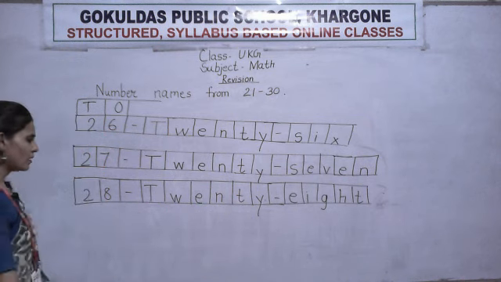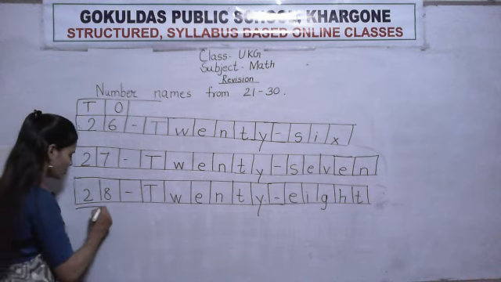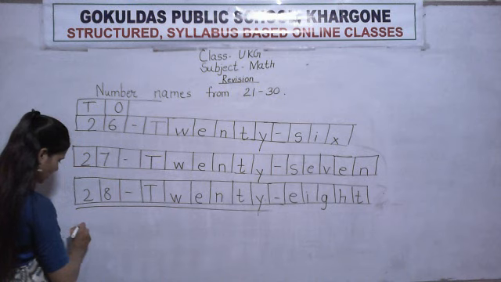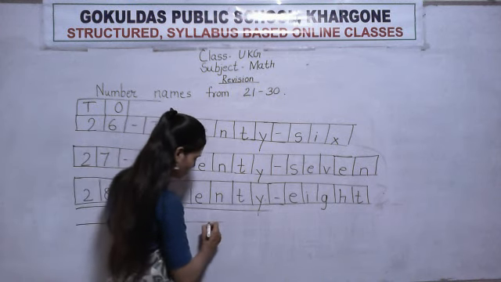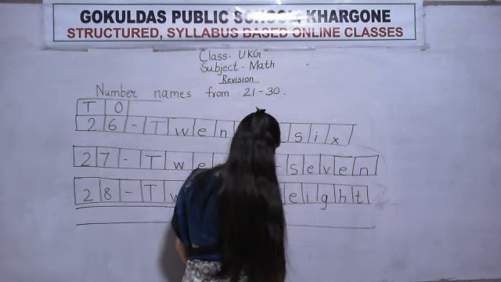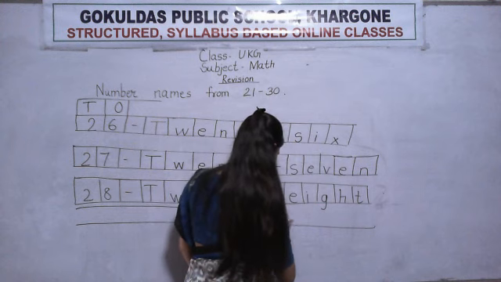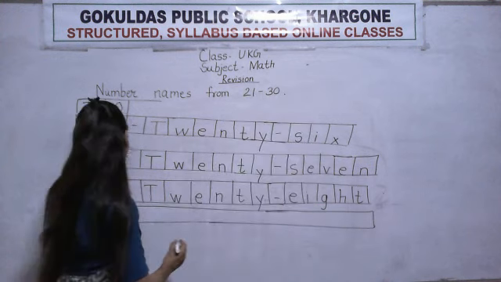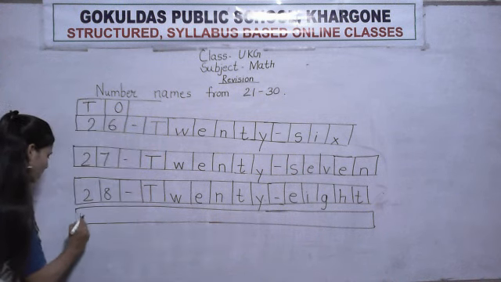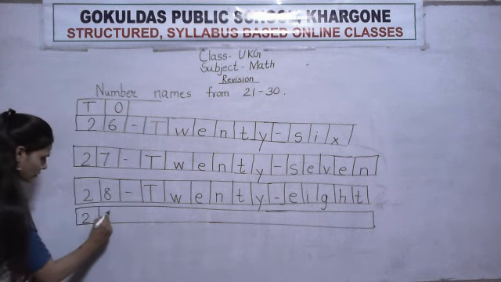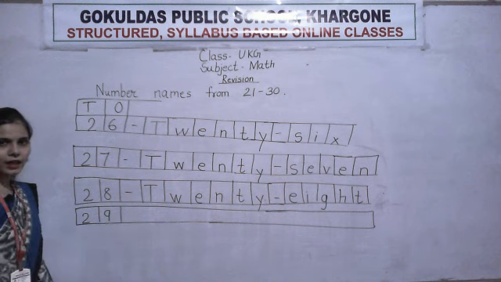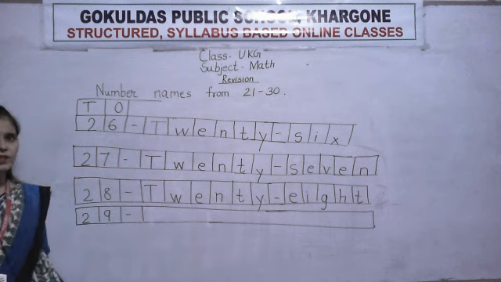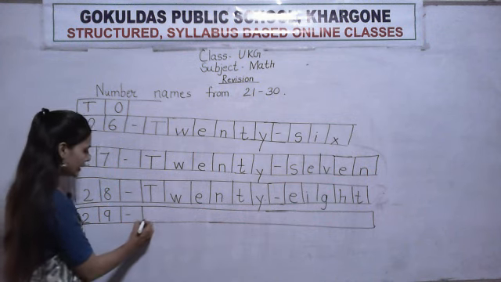28 done. Now next is 29. Write here number 29. All of you write 29. Done? Okay, now make sleeping line. Again we will write the spelling of 20.